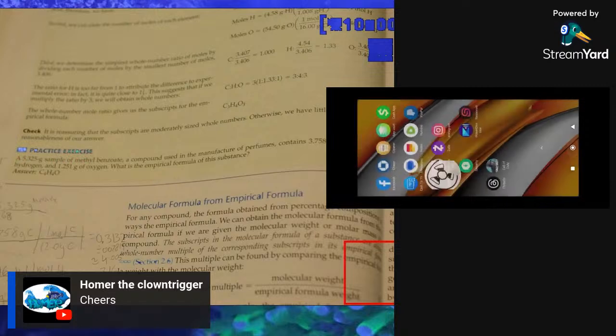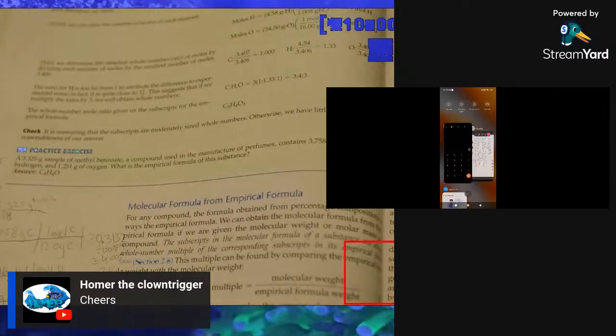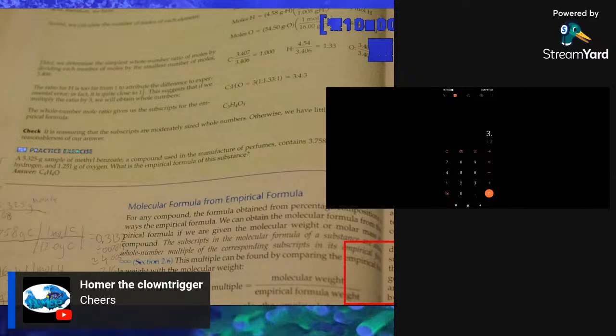Oh man, that does suck. I do have to download a calculator. Hold on. At least on the other phone. All right, 3.7.